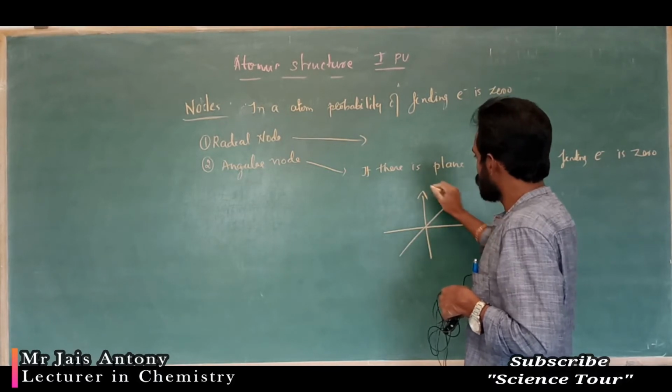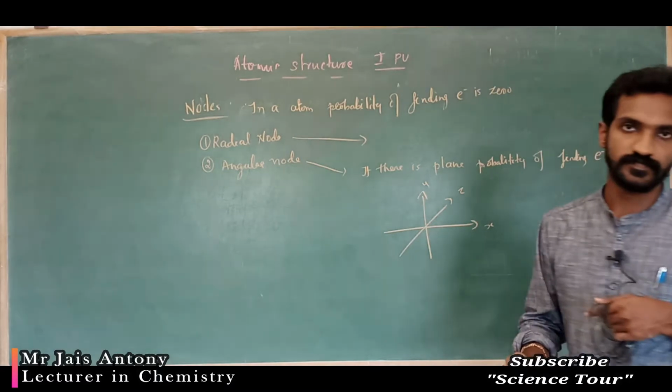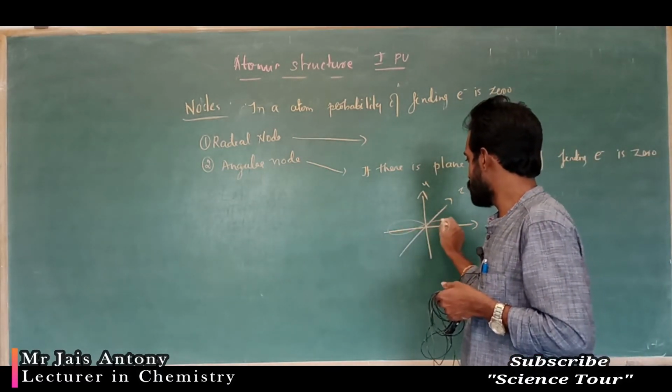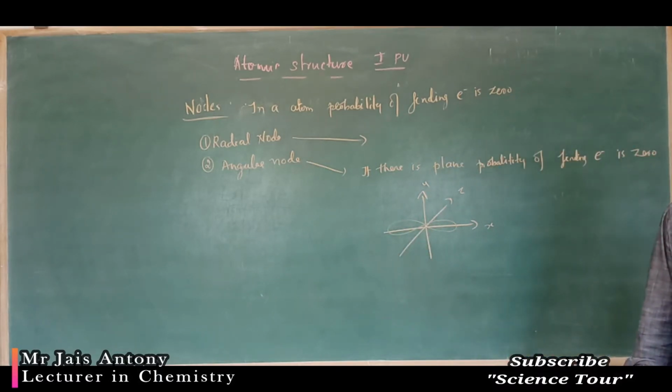This is actually the x axis, y axis, z axis, correct? So imagine this, I will draw here a px orbital. Here a total of 3 planes are possible.